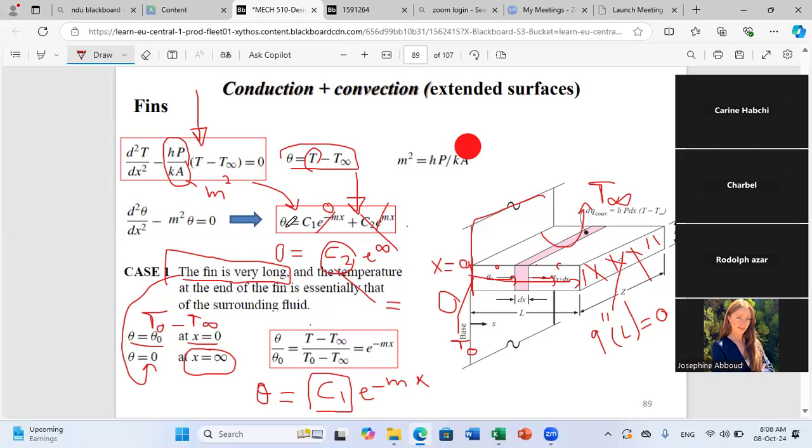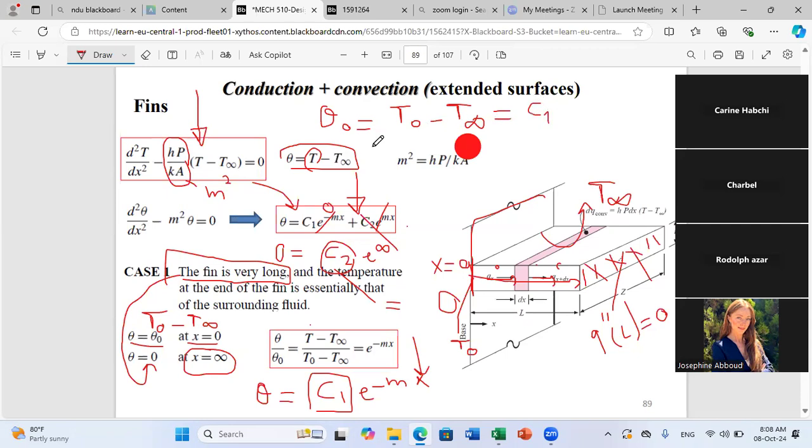So theta 0 equals T0 minus T infinity equals, if I replace x by 0, I get my constants here. If you put x equals 0, this is 1. So I just get C1. So my constant C1 is simply equal to theta 0.